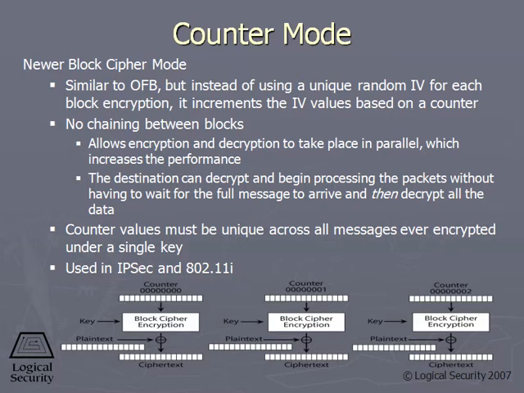So again, this is counter mode. It's similar to CFB. You have a block of data, and you use a key with the algorithm, and the initialization vector with the algorithm, and those two are used to create the key stream that will be used to encrypt this block, and what you end up with is a block of ciphertext.